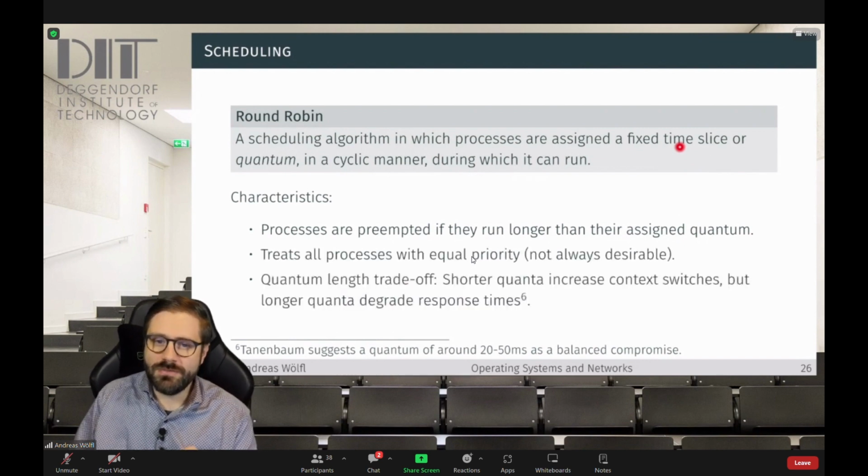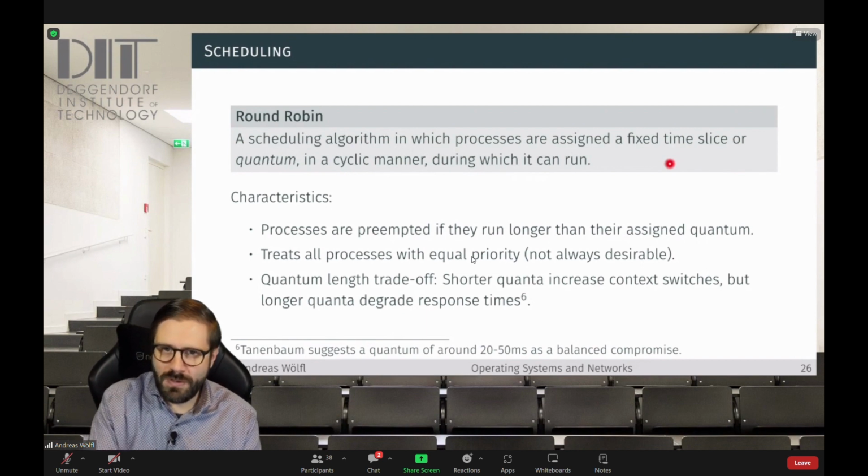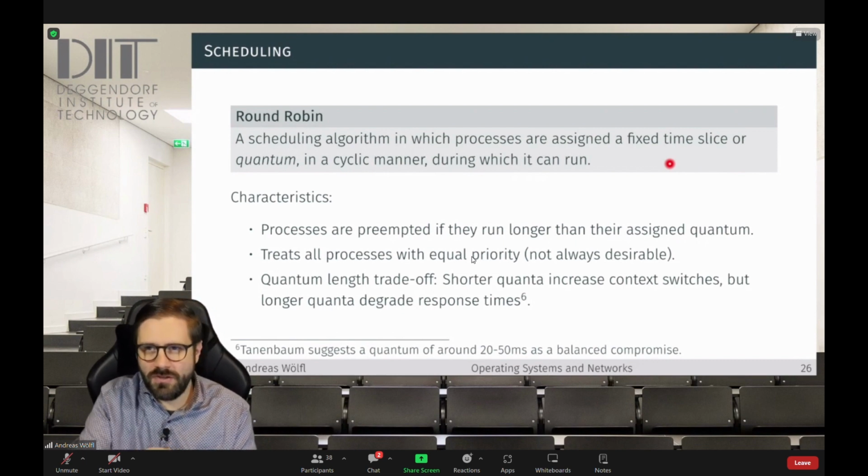Round robin is preemptive, meaning that in round robin scheduling, the CPU can leave a process, so the scheduler of the operating system can take away the CPU from a process and interrupt it. So every process in round robin has a fixed time slice of CPU time, and we call this the quantum.